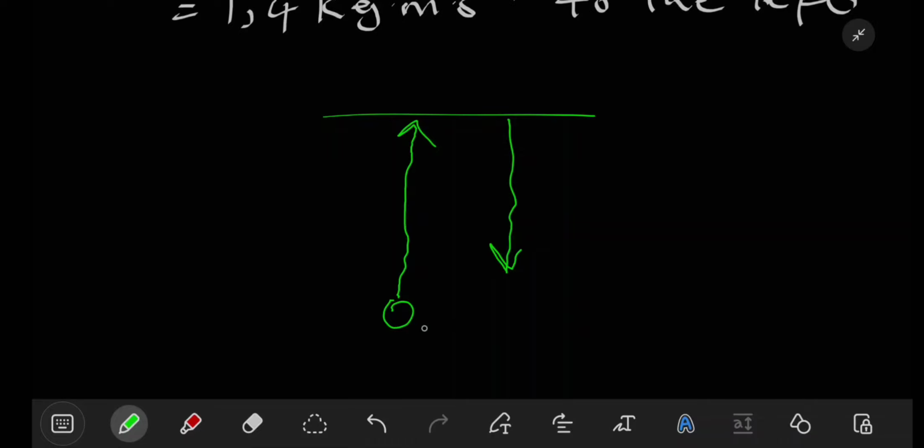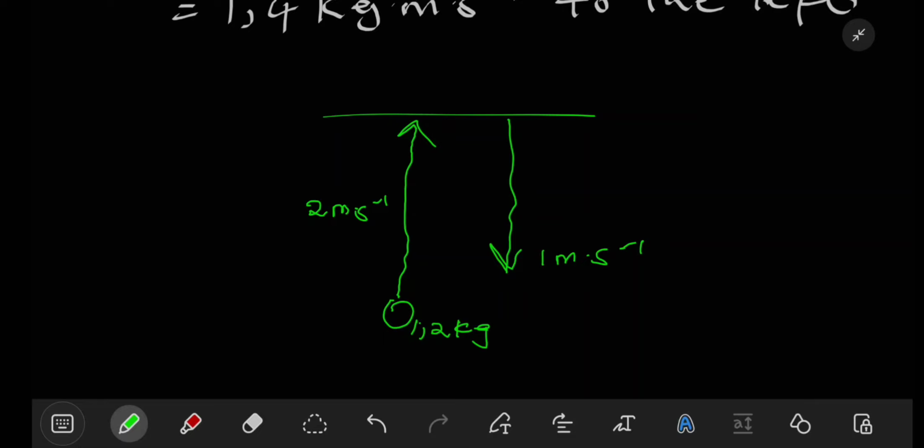The mass of the ball is 1.2 kg, and it was traveling at a velocity of 2 meters per second, and when it's coming back, it was traveling at 1 meter per second. Now we have a different scenario, but it actually is the same scenario. The difference is only in direction.